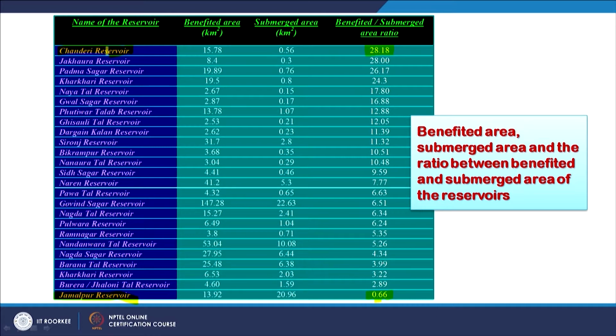This is what this ratio means. Whereas in the example of Jamalpur reservoir, if I invest 1 square kilometer of area for construction of a reservoir, then in the downstream only 0.6 square kilometer of area is getting benefited.